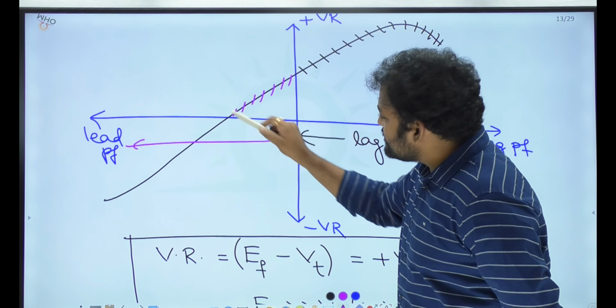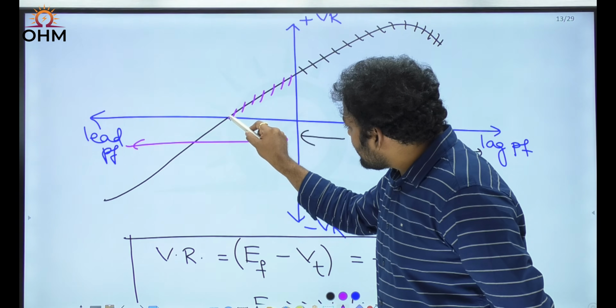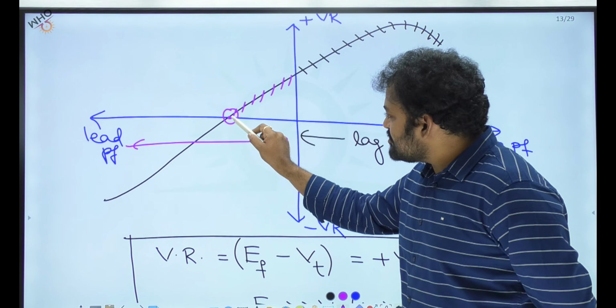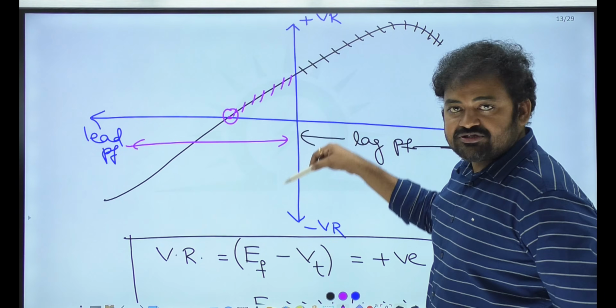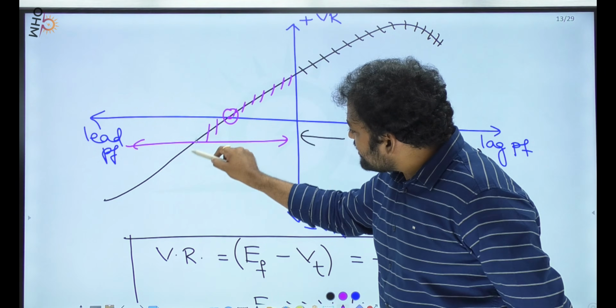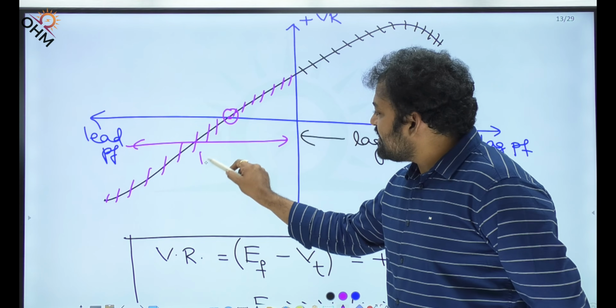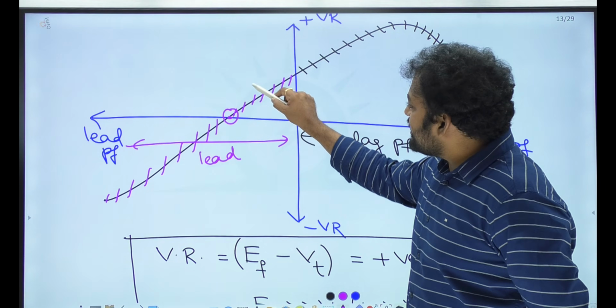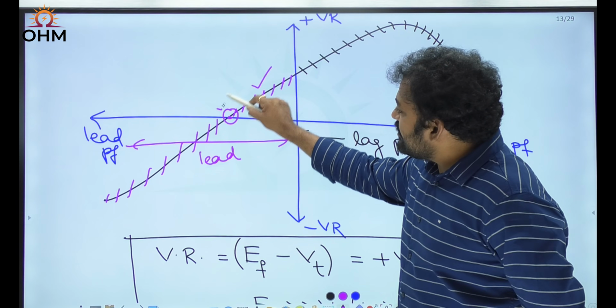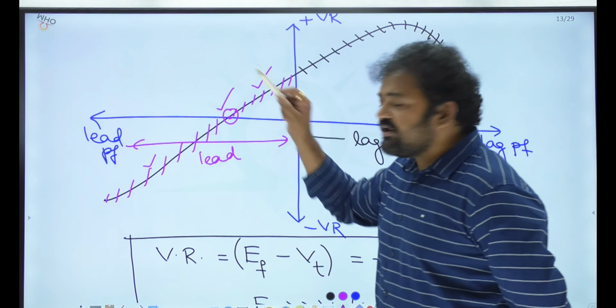This is a positive zone. Regulation can also be 0. This is the 0 regulation point. The y-axis is regulation, and all these points are negative voltage regulation.